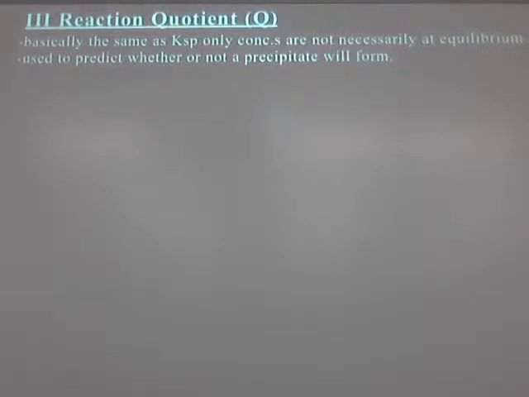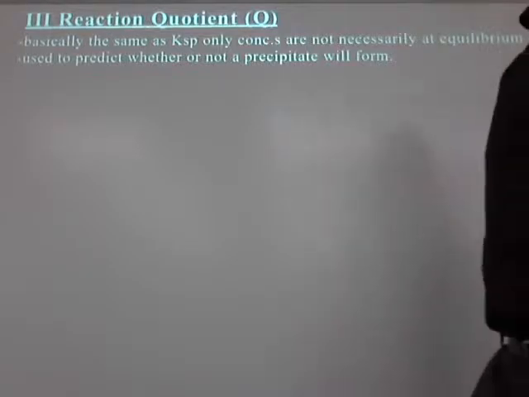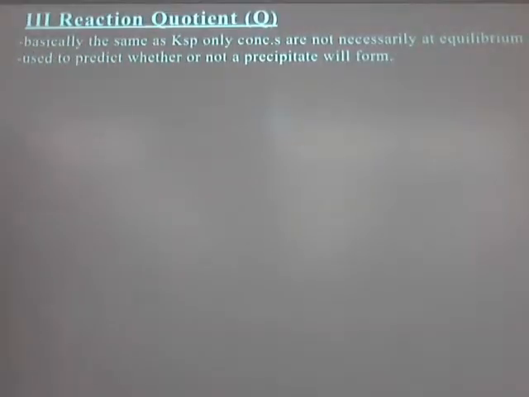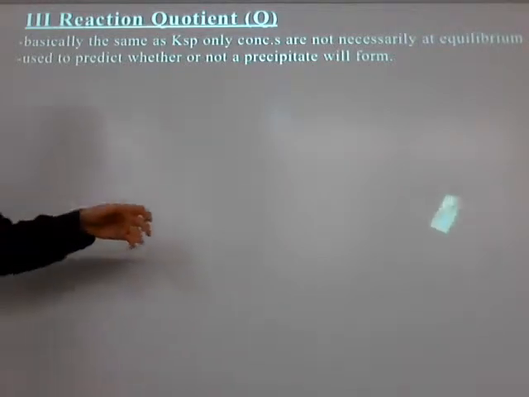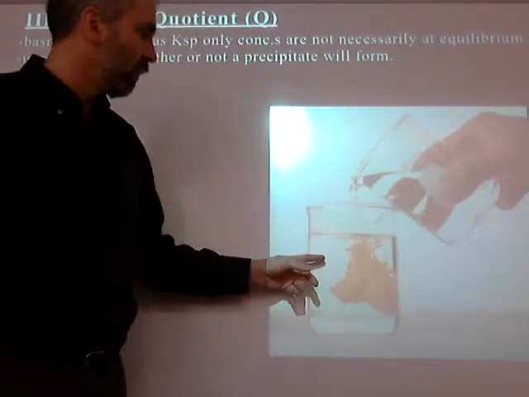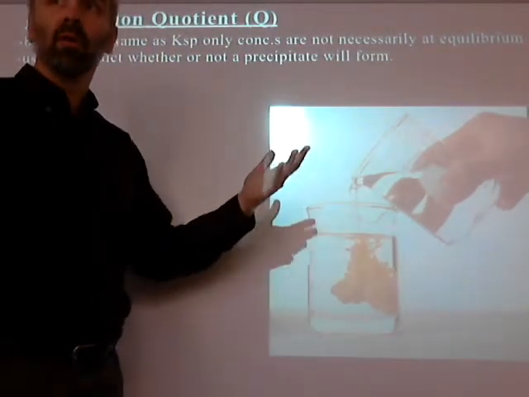So now we can actually calculate whether a precipitate forms in terms of its actual concentration. Okay, because what we're going to do is we're going to solve for Q. All right? You're going to take two solutions, two clear solutions. This one's clear beforehand, this one's clear after. You're going to do this in the lab tomorrow.